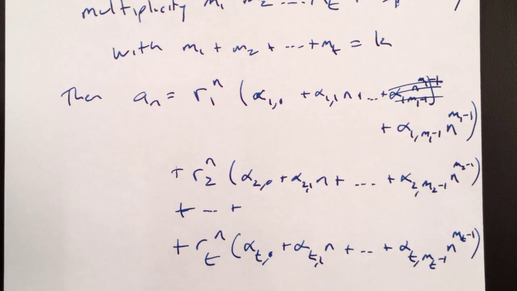Just like I had alpha 1, alpha 2, and alpha 3. I'm going to have k of them, but I'm going to group them by which root they go with. Yes, absolutely disgustingly gross. I'm 100% in agreement with you. I hate this formula. So how do I remember what the hell I'm doing? I remember it by every time a root repeats, I need another n.